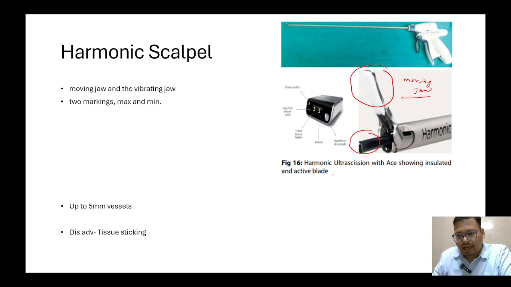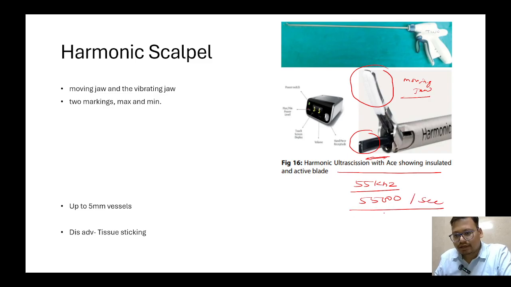Vibrating jaw means this jaw keeps on vibrating in a to-and-fro motion at a rate of around 55 kilohertz, that is 55,000 times per second. At this vibration rate, it will generate heat. That heat will cause coagulation and cutting of the tissues. So this one is the moving jaw and this is the vibrating jaw.